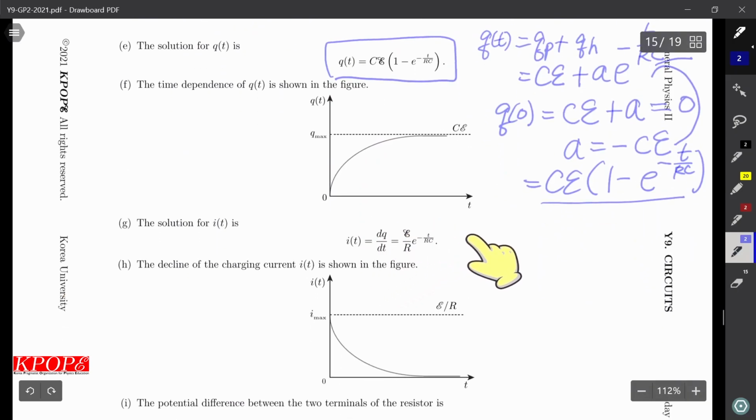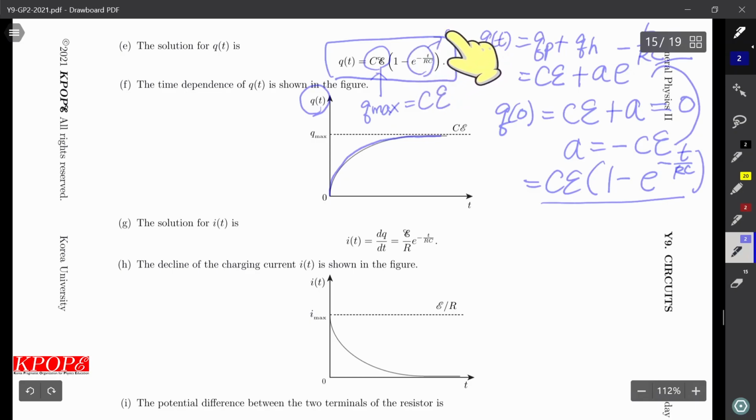The explicit time-dependent plot of the charge, 1 minus exponential minus T over RC, is increasing arbitrarily close to Q max, that is CE, because as t goes to infinity, the exponential approaches 0.